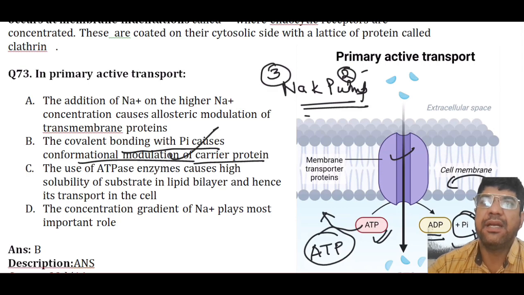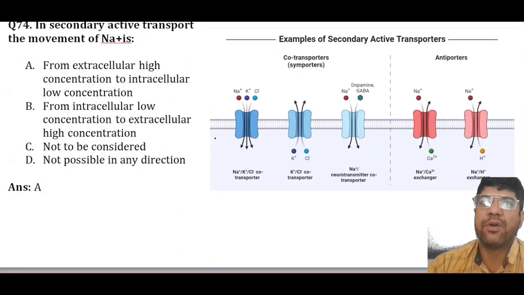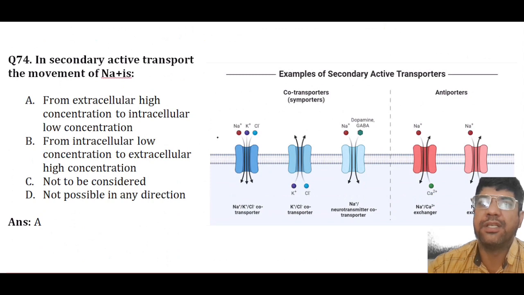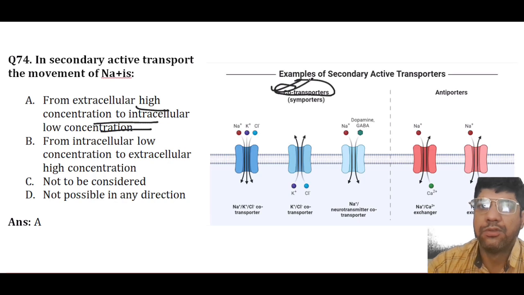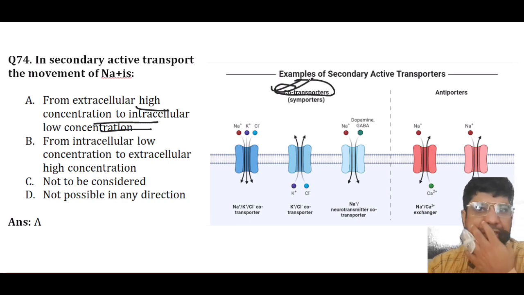In the secondary active transport, the movement of sodium is from higher concentration to low concentration. So the secondary active transport is also known as co-transport. There are two types of secondary active transport. One is symport.